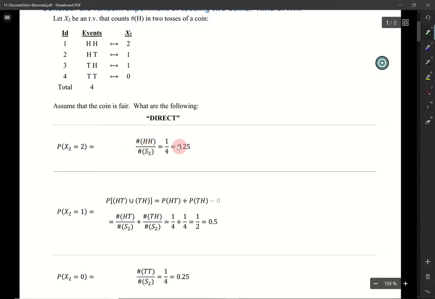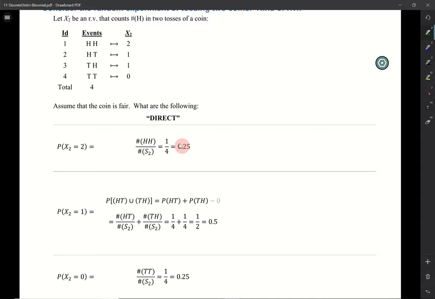And the way that we got it is we said, here's this random variable, it's defined on these events, and so we see that this event, heads, happens once out of the 4 times, and so we say that the probability is 1/4. So is there another way that we can get at this 1/4?